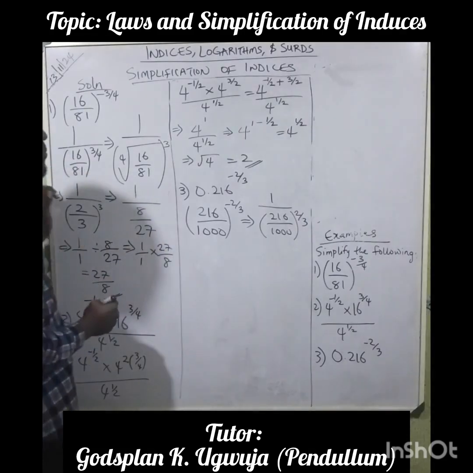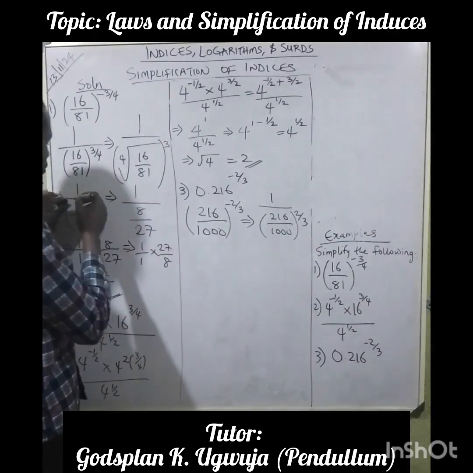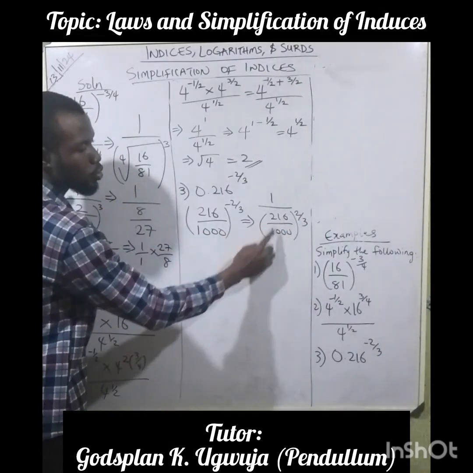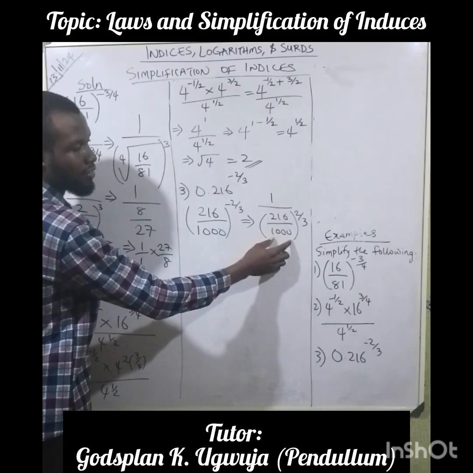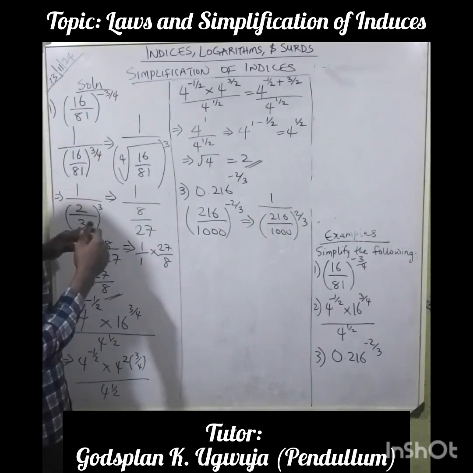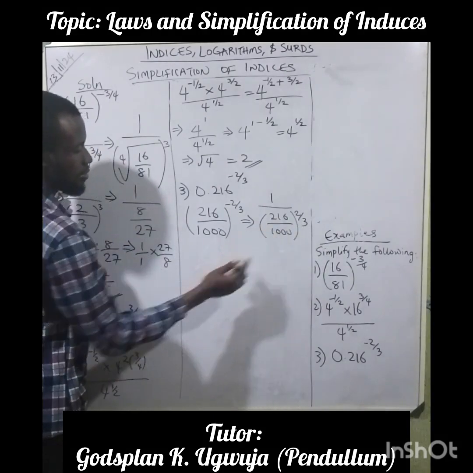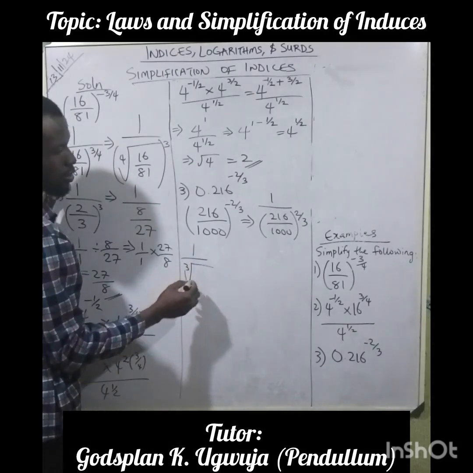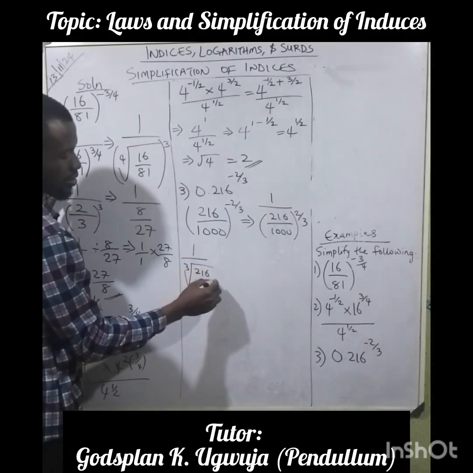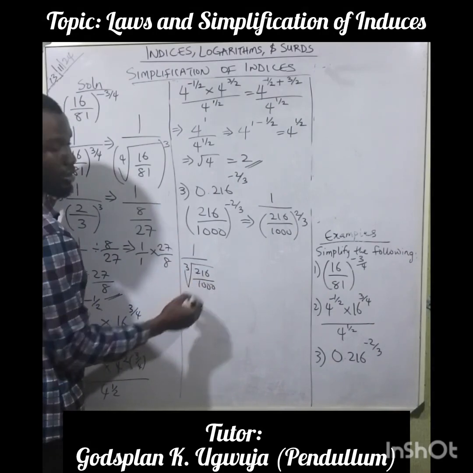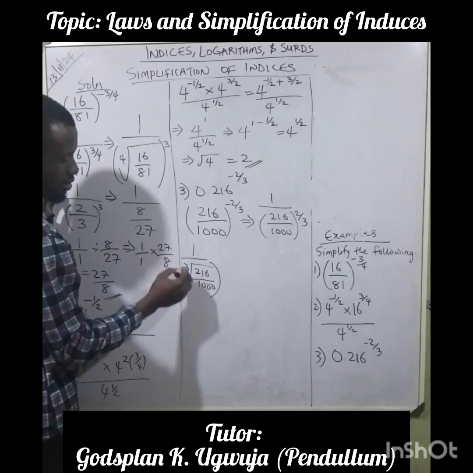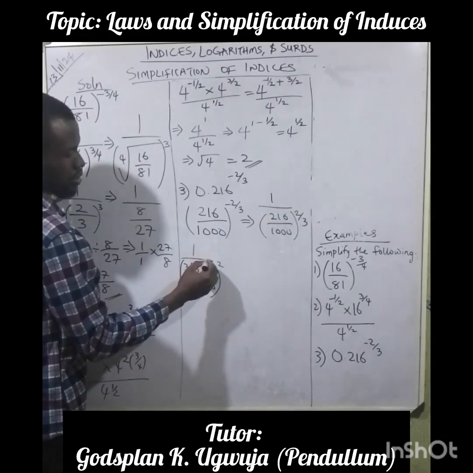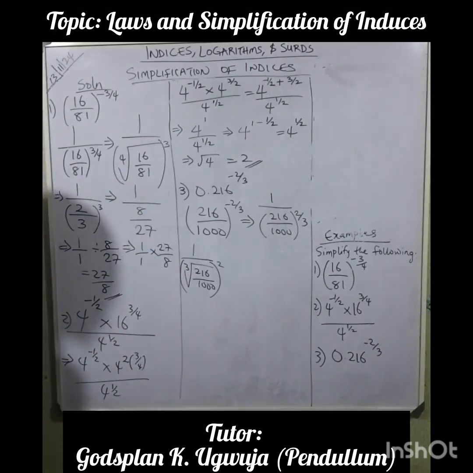Next step, it's almost like what we did here: the denominator is the root of the base, then everything is raised to the power of the numerator. So our denominator here is 3, meaning we are going to take 1 over the cube root of 216 over 1000, then everything raised to the numerator 2, everything squared.